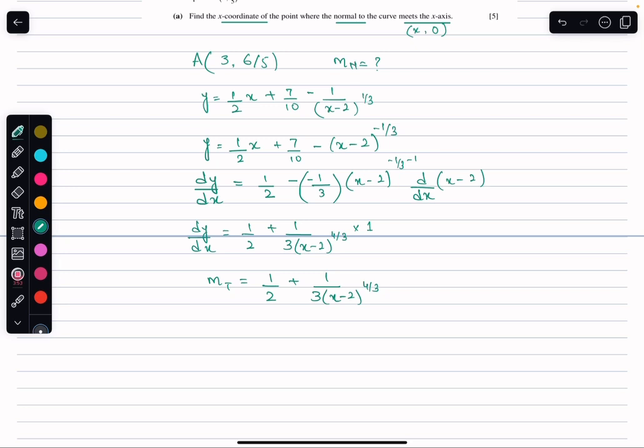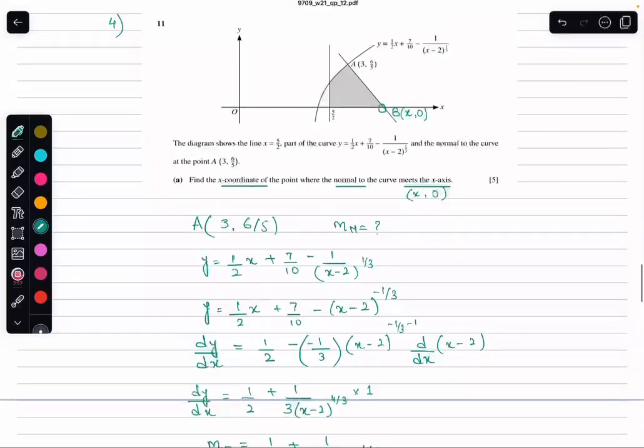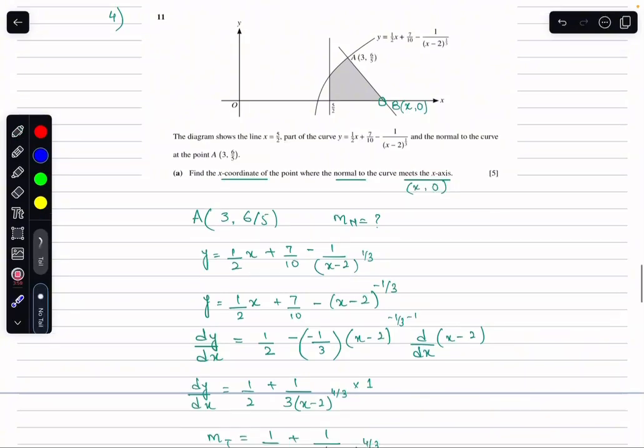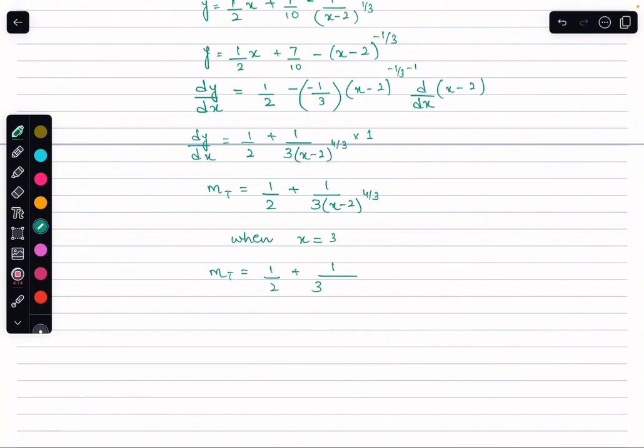Now to get this gradient value at the point A with x-coordinate 3, I can just substitute x as 3 here to get the gradient of the tangent. So the gradient of the tangent becomes 1/2 plus 1/3 (3 minus 2) to the power 4/3, which is 1 to the power 4/3, and that gives me a 1.